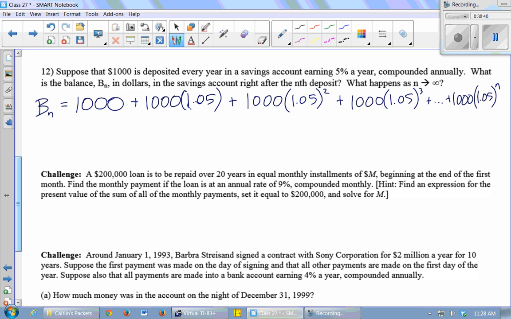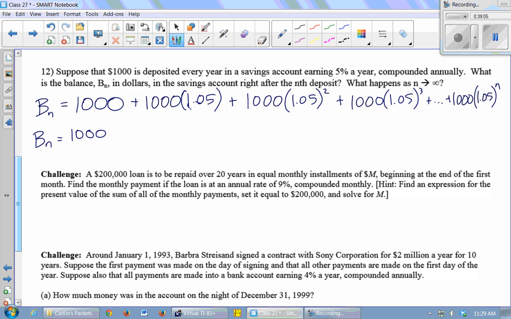What's my constant multiplier? 1.05. And it's finite, which means I can add it up, right? I have a formula for a finite geometric sequence, even when the multiplier is bigger than 1, right? Because it's finite. You add up a finite number of numbers, you get a finite number, right? So this I actually can calculate to be the first term, 1,000.